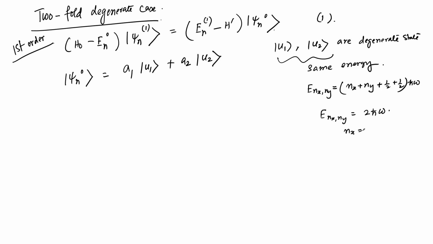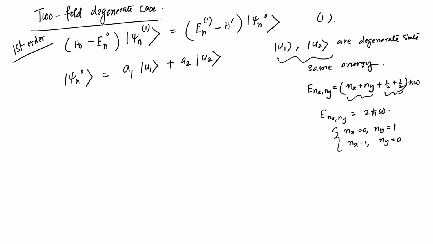Then nx can become 0 and ny can become 1, or nx can become 1 and ny will become 0, and these two will give rise to a two-fold degenerate state, which is very similar to the one that we are talking about. And so, these two put together will make it 1.